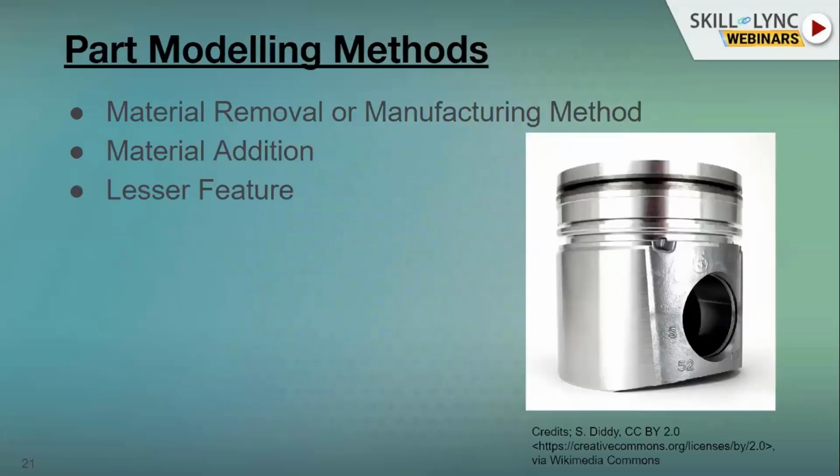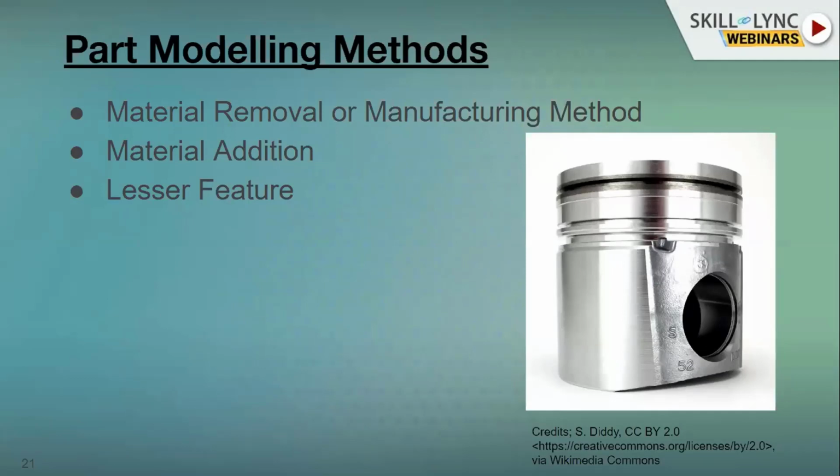And part modeling methods, there are plenty of methods by which a design engineer can make the model. One is material removal or the manufacturing method, like, let's say, by making this piston, we can start by taking the casting model and then remove the material using a lathe or machining process. That is called material removal.